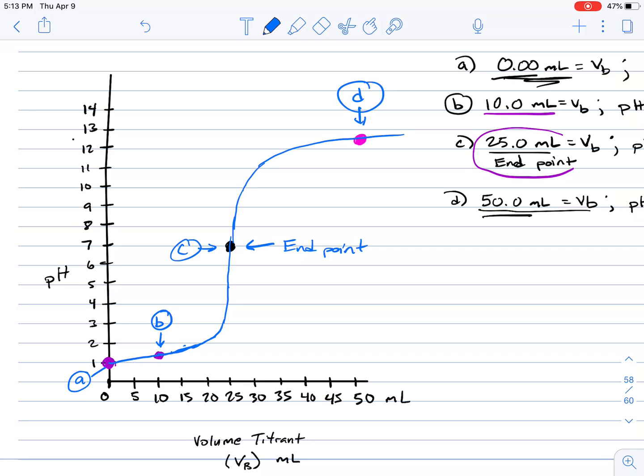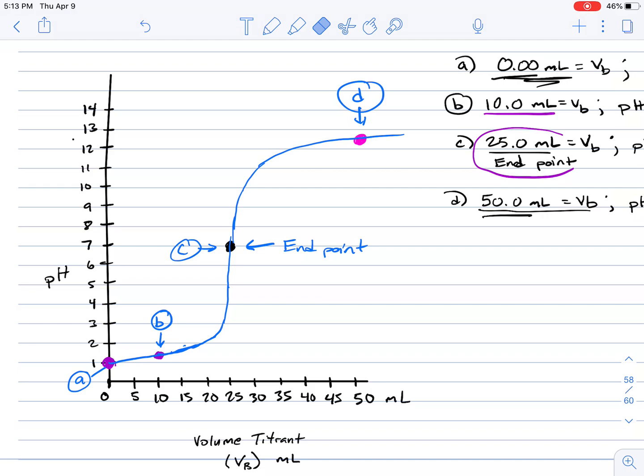Just remember that when you're sketching these, if you want to put a line passing the endpoint, as you approach this vertical line, you want to start curving your titration curve, and as you pass that vertical line, you want to curve it once again.